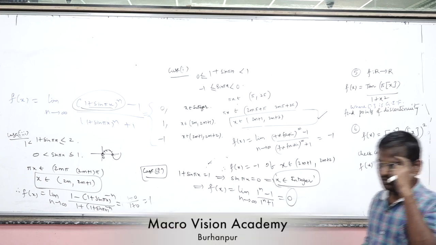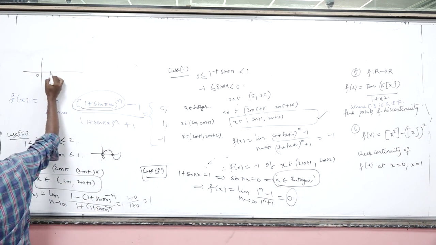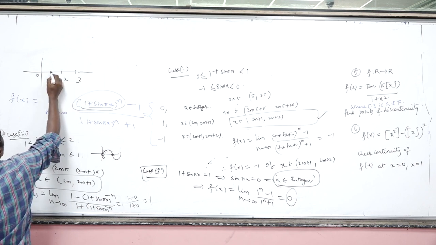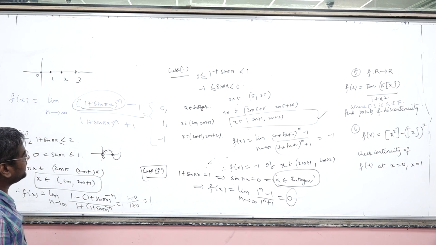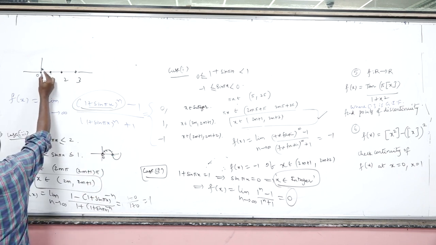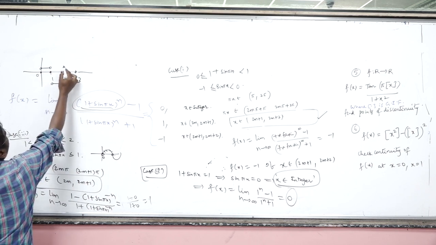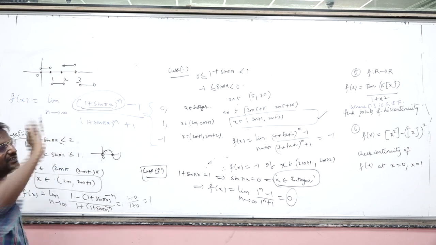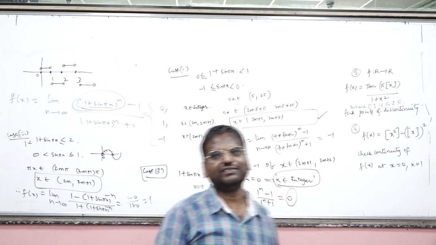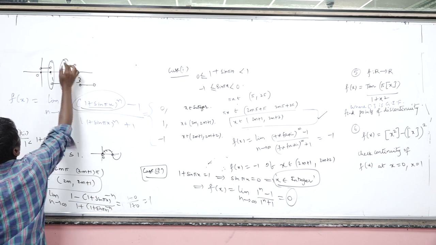Now regarding continuity or discontinuity, if you try to plot the graph, as you can see 0, 1, 2, 3, ठीक है, हर एक integer पे 0 है, और जैसे interval चालू होता है, even to odd it is 1 in between these two, and odd to even it is minus 1. Again it is like this, again it is like this, etc. So it has got infinite points of discontinuity. What are the points of discontinuity? All integers.